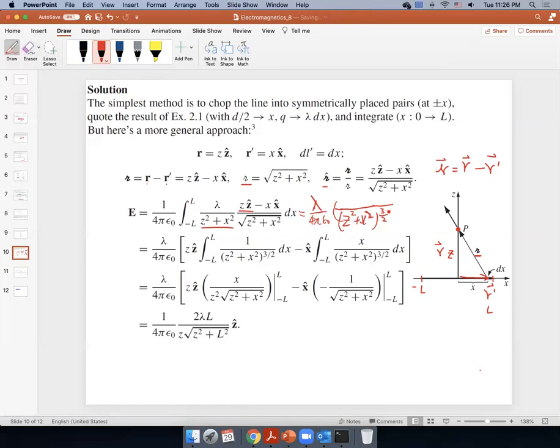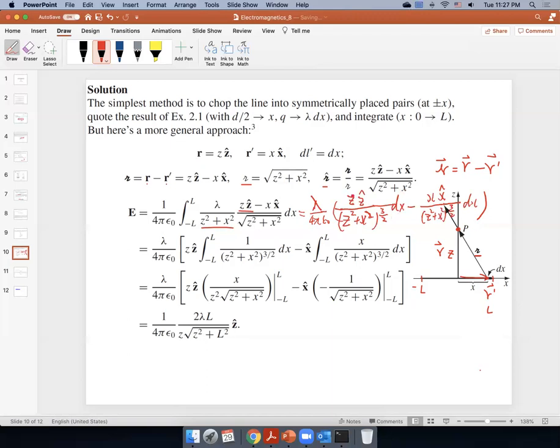And then you have z in z direction dx subtracted by the same thing, z squared plus x squared to the 3/2, x in x direction dx. Okay, so now you have two terms, two integrals.